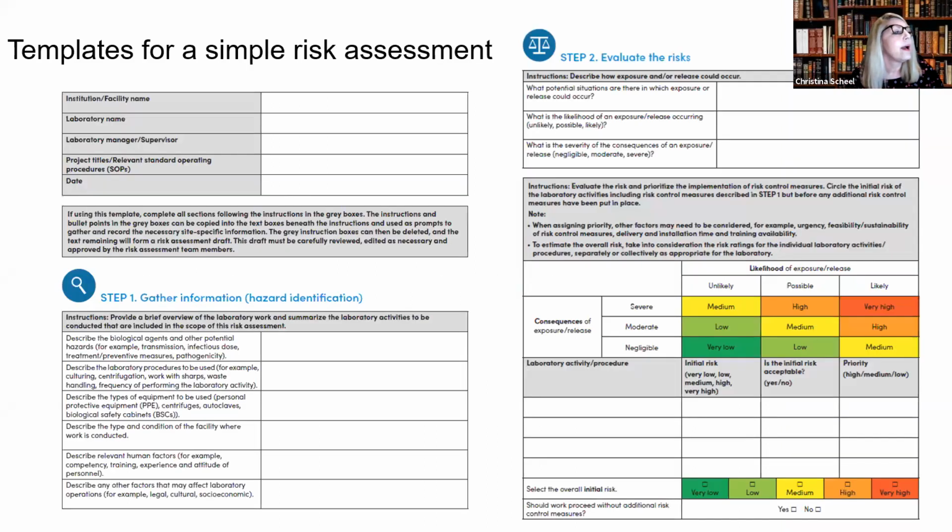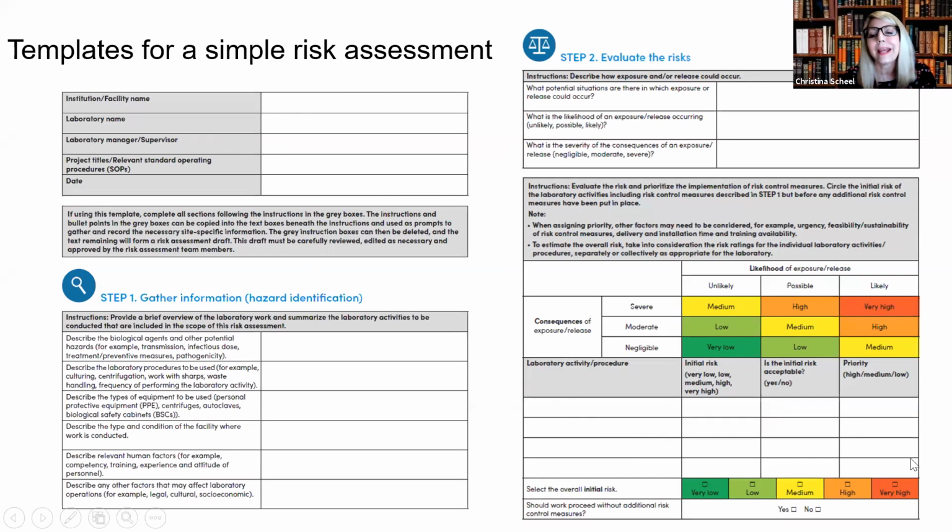And here I have an example of the simple template. This is found in, I believe, one of the annexes, probably one of the first annexes in the monograph. That's where all the templates are, in the annexes. And this shows you, I know it's hard to read, but you can see that it has step 1, gather information, hazard identification. Step 2, evaluate the risks.